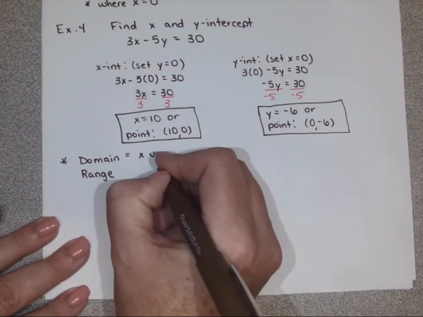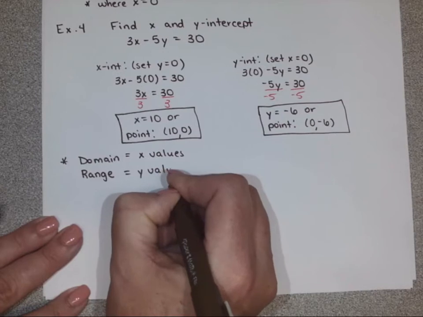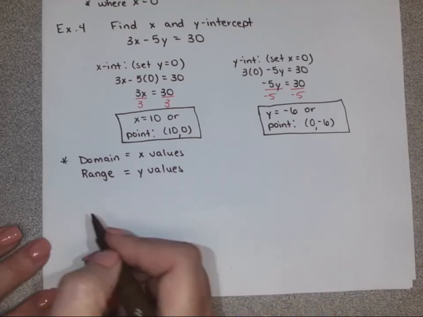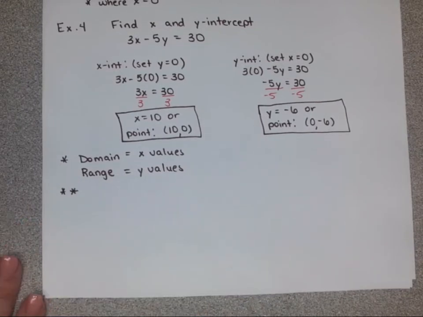So the domain is the x values and the range is the y's. I usually remember this because it's in alphabetical order, right? D comes before R alphabetically and X comes before Y if you tend to maybe misplace those. So I think domain and range is kind of easy to remember as far as which one's which.